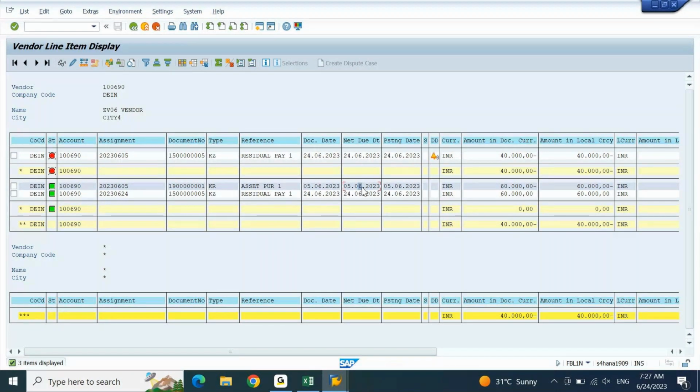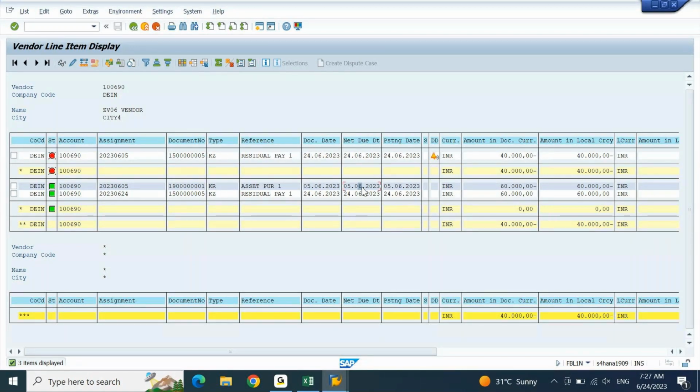If the original invoice was due on 5th June, the balance amount is supposed to be due on 5th June only. Correct? Did we receive two invoices from the supplier or only one single invoice? Only one single invoice. This invoice is supposed to be due on the same date.